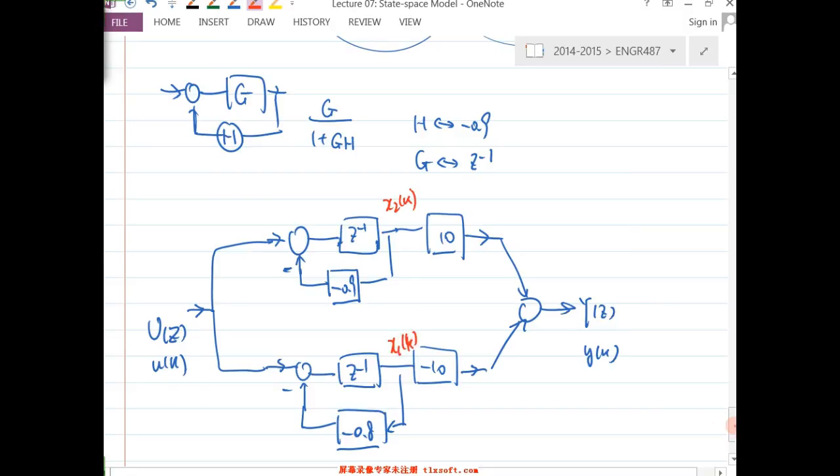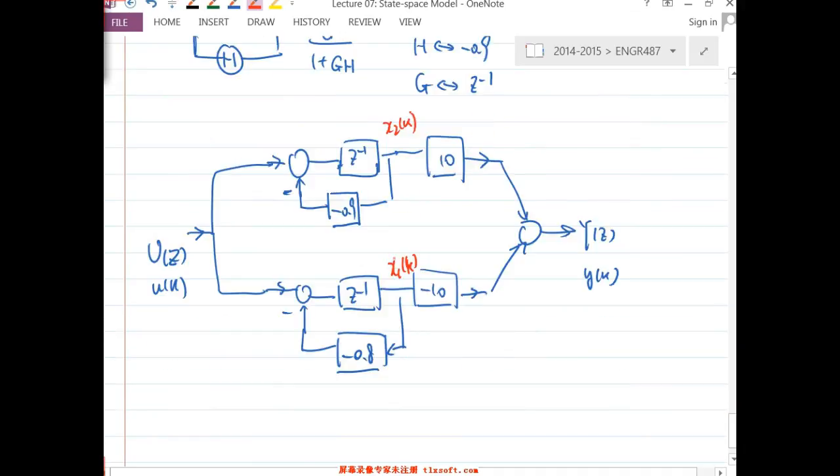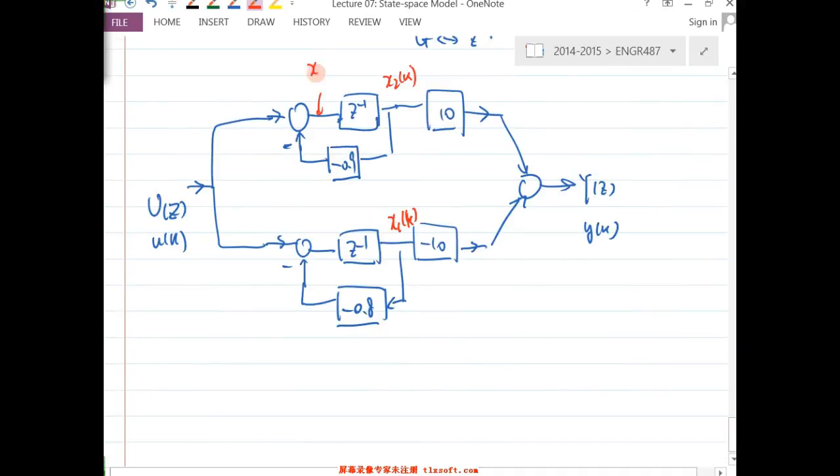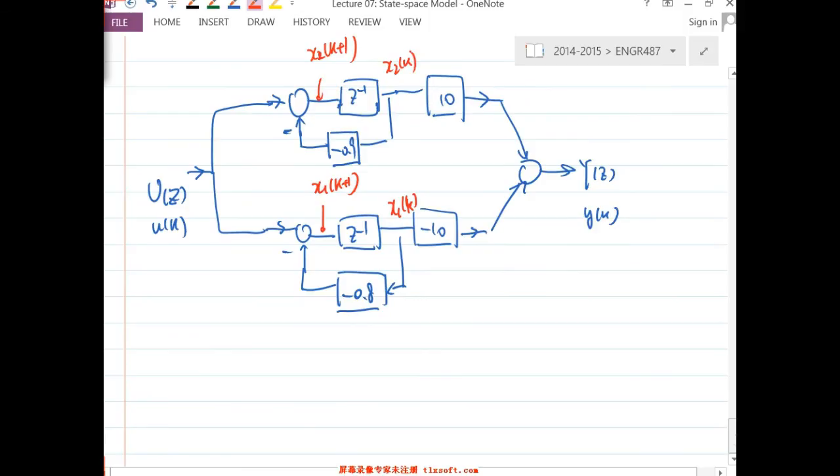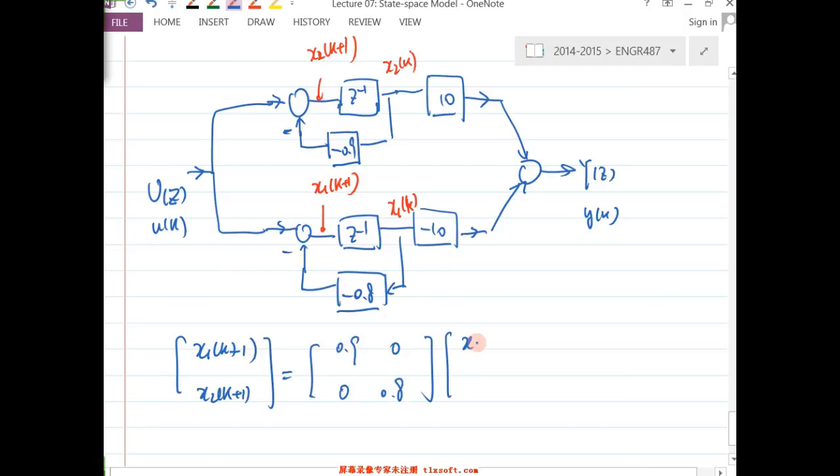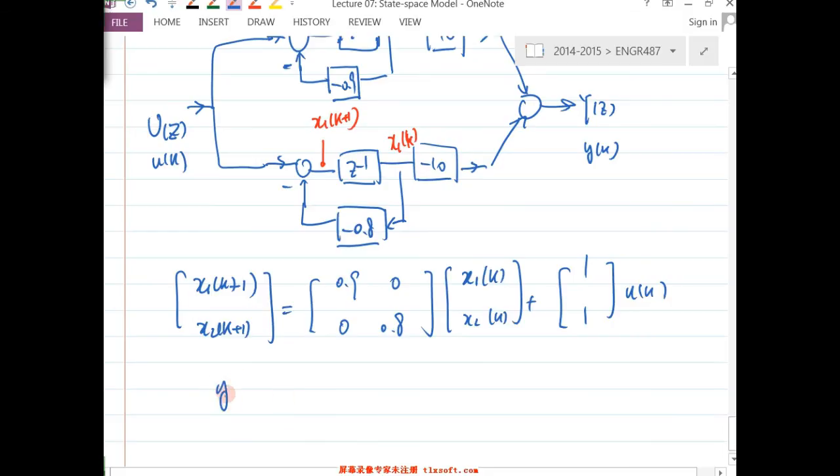Based on this choice of state variables, this is x2 of k plus 1 and this is x1 of k plus 1, and you can derive your state equation: x1 of k plus 1, x2 of k plus 1 equal to 0.9, 0, 0, 0.8 times x1, x2 of k, plus 1, 1 times u of k, and y of k equal to 10, negative 10 times x1 of k, x2 of k.